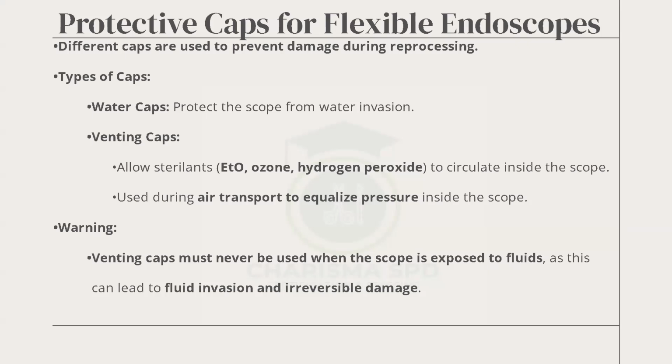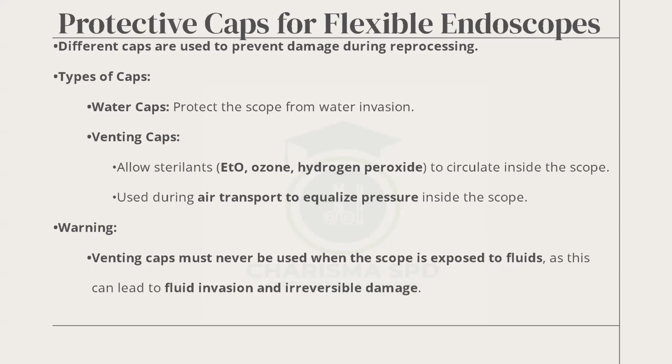They have caps that come with it, either to stop fluid during the process of the surgery, or they open up the channel for sterilization to take place so that the sterilant can what? Sterilize the portion that will go into the patient. So caps are there for various reasons.